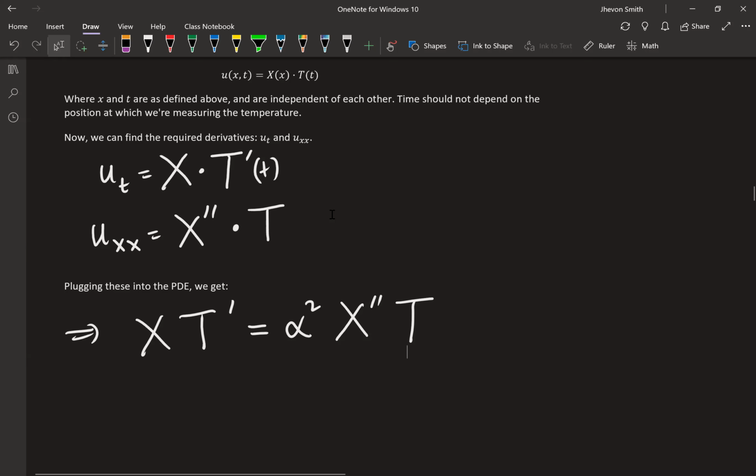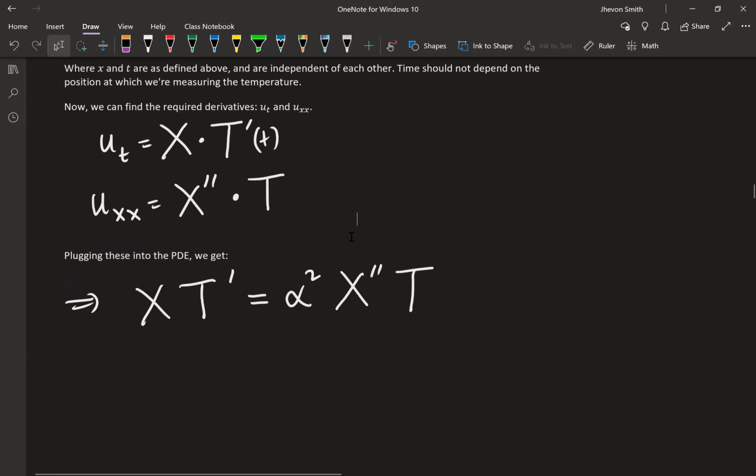It's a weird kind of differential equation. In fact, it's kind of like a mixture of two ODEs because the big X is a single variable function. So the derivative here, we can almost think of it as a single ordinary derivative. And same thing here. So what do we do? How do we solve this?